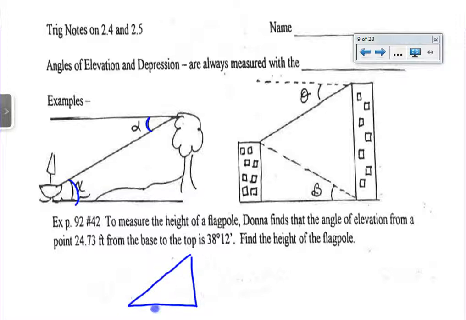So it is 24.73 on the ground, and the angle of elevation is 38 degrees 12 minutes. And they want to know the height of the flagpole. So this is, again, a right triangle. So we can set up, let's see, tangent.